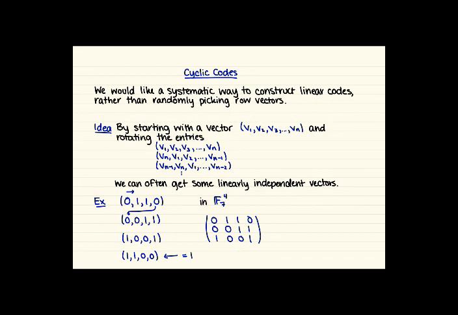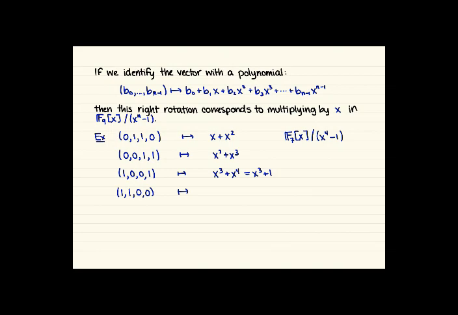Sorry about that. But anyways, this one corresponds to x to the fourth plus x, and x to the fourth once again is the same as 1, so we've got 1 plus x there.